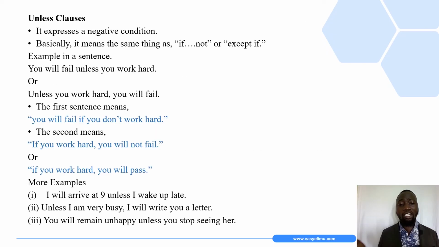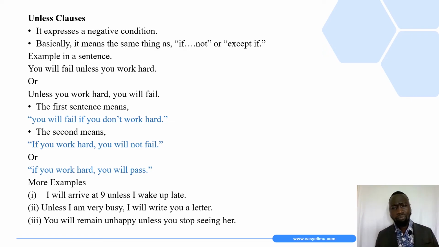The second type of clauses that I'd also want us to look at is the unless clauses. Dear students, unless clauses express a negative condition. Basically, an unless clause means the same thing as if not.